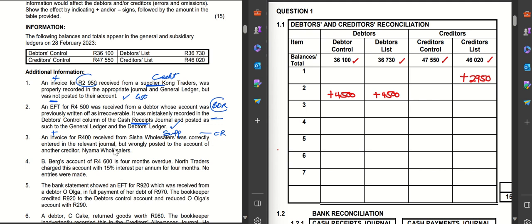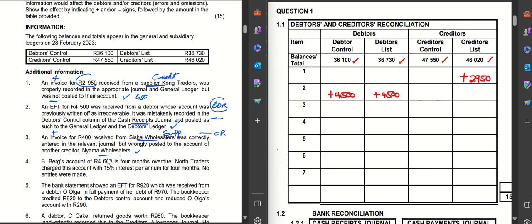It was correctly entered in the relevant journal. That's the CJ. But wrongly posted to the account of another creditor, Nyama wholesalers. So this transaction would not affect, why? Because the error here is in the names. It's from Sisha, but it was recorded under Nyama. So we did not record less nor more.